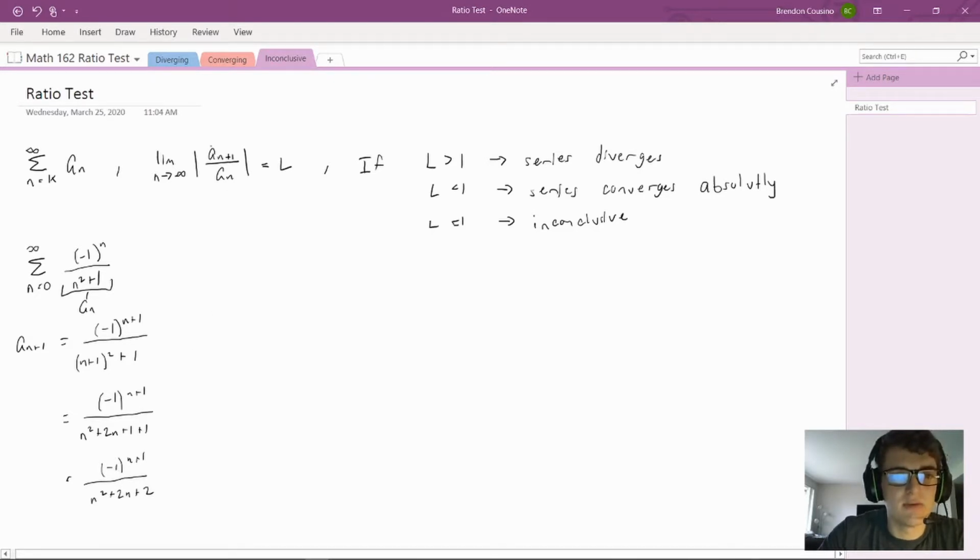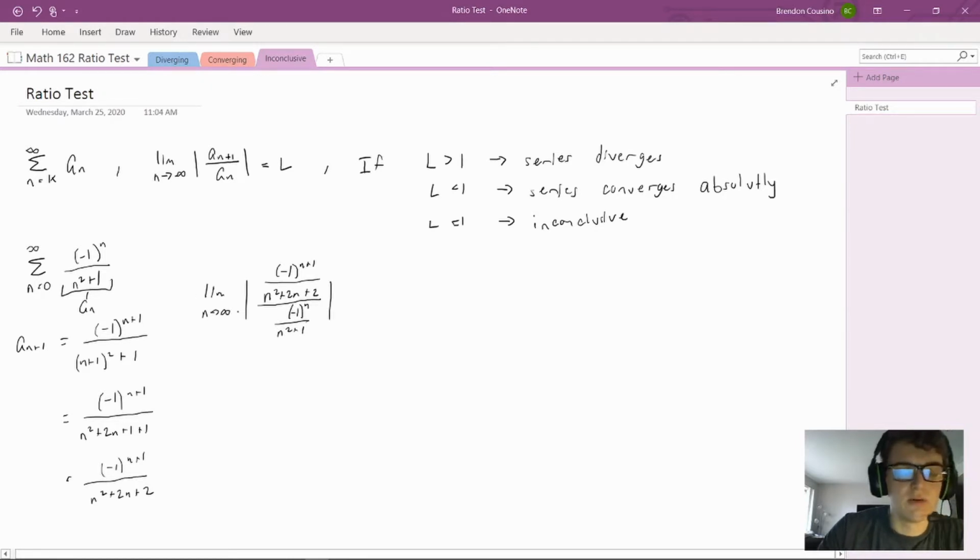Let's go ahead and fill out this limit. We're going to do the limit as n approaches infinity of the absolute value of a of n plus 1. That's the term we just simplified, negative 1 to the n plus 1 divided by n squared plus 2n plus 2. And on the bottom is our a of n term, our initial piece, negative 1 to the n all over n squared plus 1.